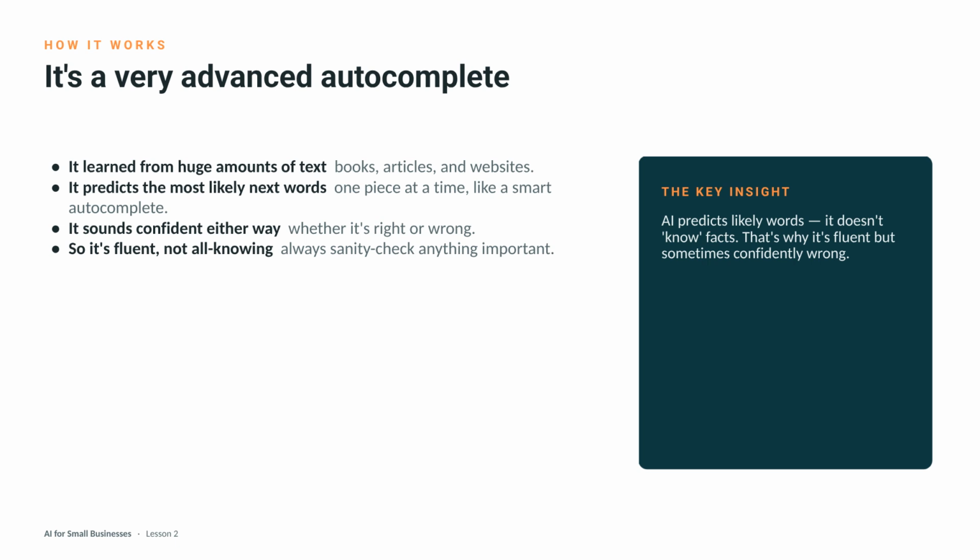The important catch is that it's predicting what sounds right, not looking up a verified fact. That's why it can be incredibly fluent and still be confidently wrong. So treat it as fluent, not all-knowing. For anything that matters, like a price, a date, or a legal point, you sanity check it. We'll come back to this.